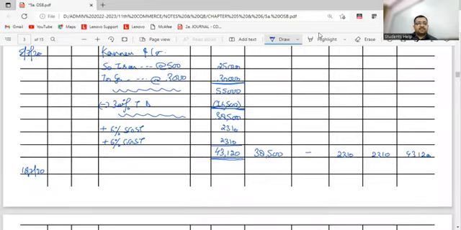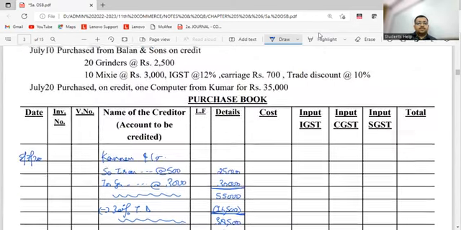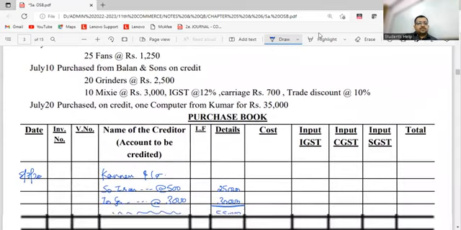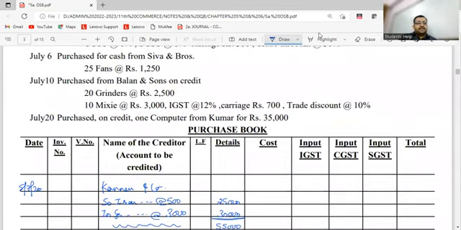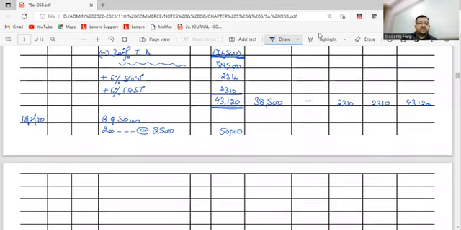Balan and Sons. 20 grinders at the rate of 200, makes up how much? 4,000. Sorry, not 200, it is 2,500. Makes up how much, children? 50,000. Then we have 10 mixie at the rate of 3,000.